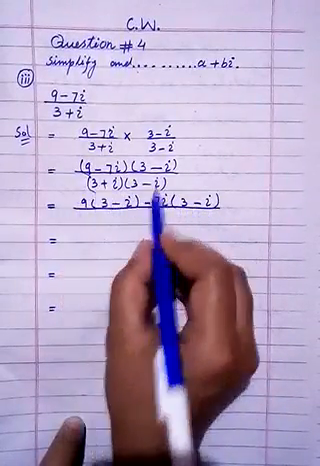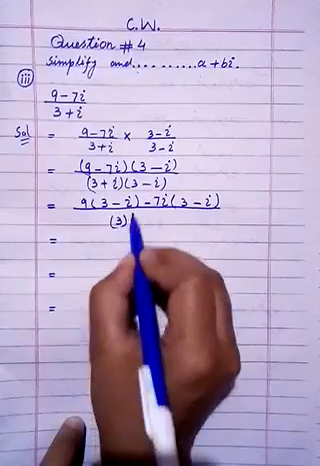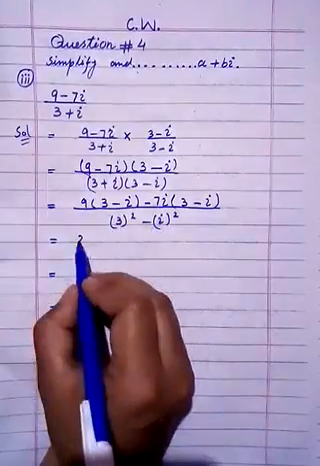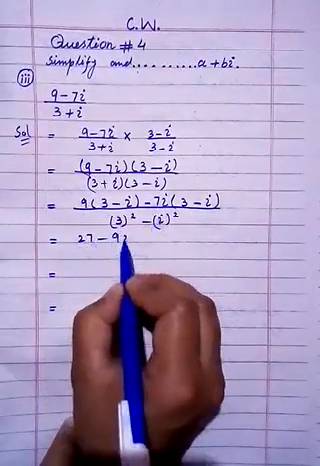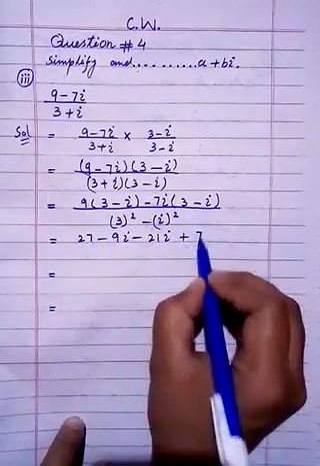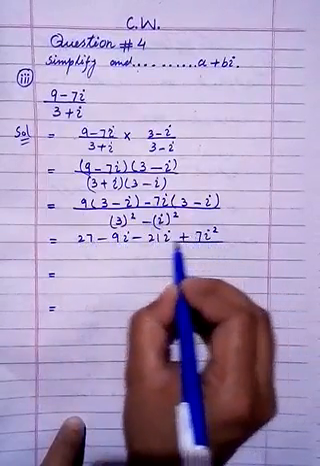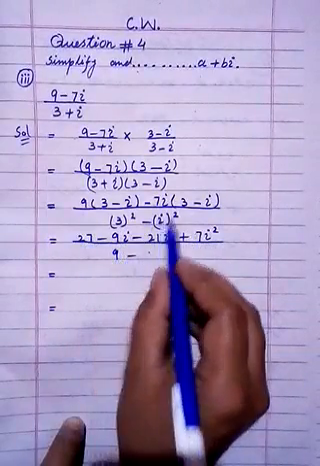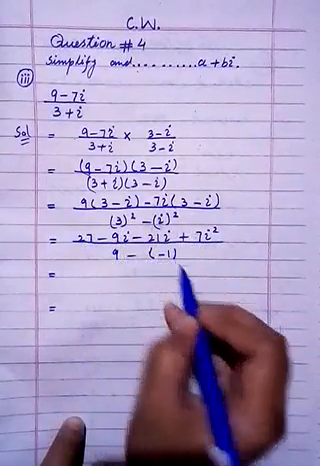Now one time plus, second time minus, so you can write it in a separate bracket. Now 9 multiplied by 3 is 27, minus 9 iota, minus 21 iota, plus 7 iota square. Now 9 minus iota square, so put the value of iota square. Its value is minus 1.